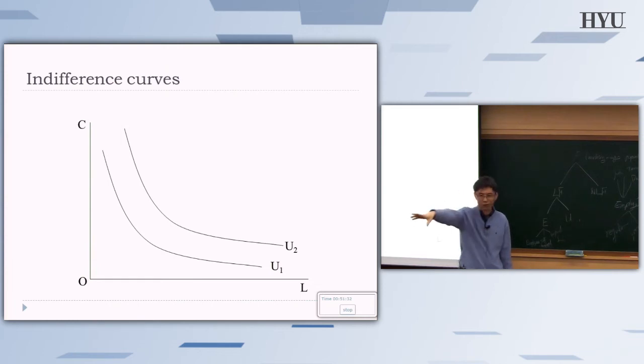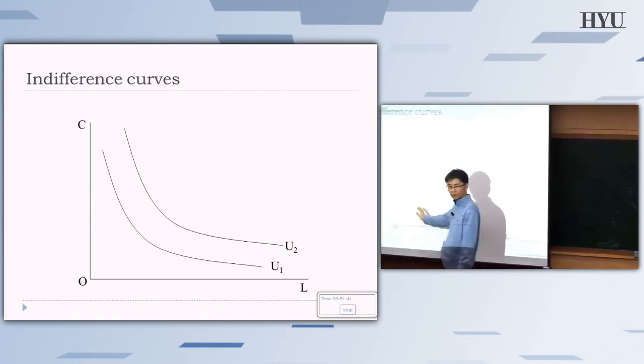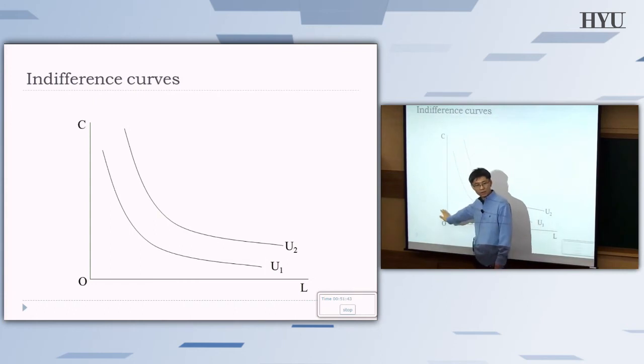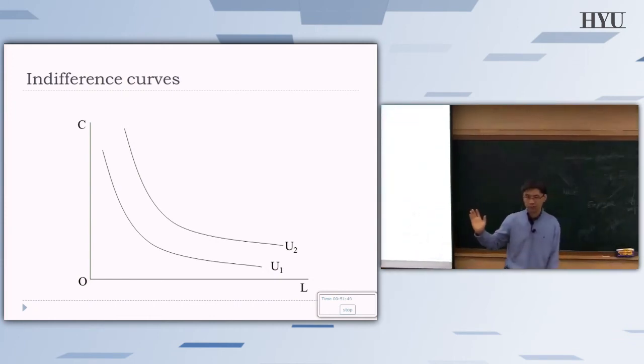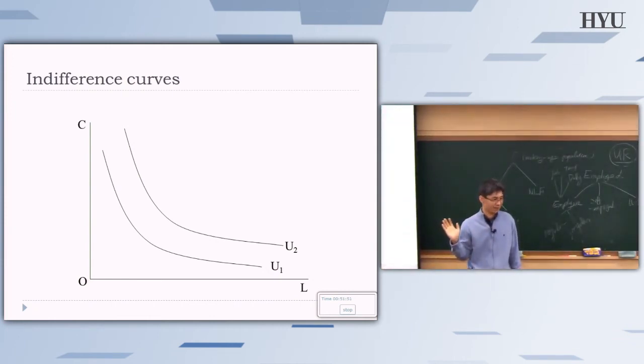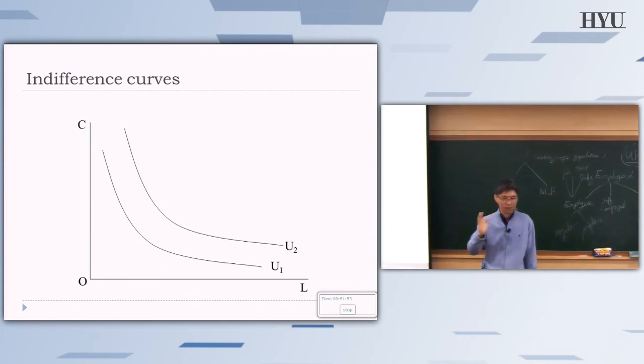No leisure is work, no work is leisure. So when leisure increases, work automatically decreases. Moving from right to left, leisure decreases and work increases. Moving from left to right is working less, moving from right to left is working more.